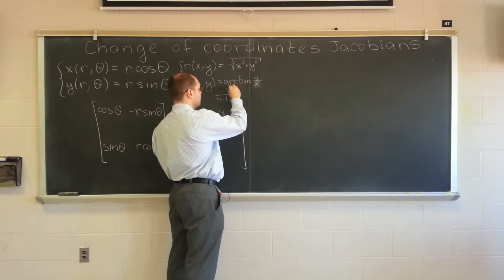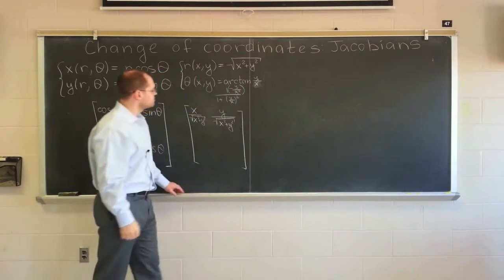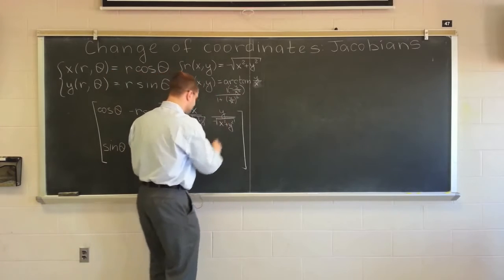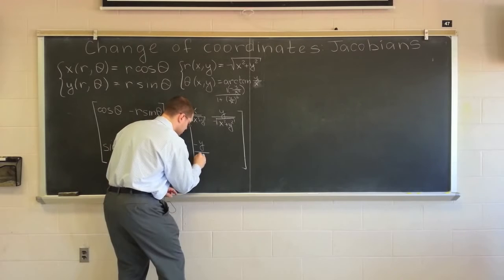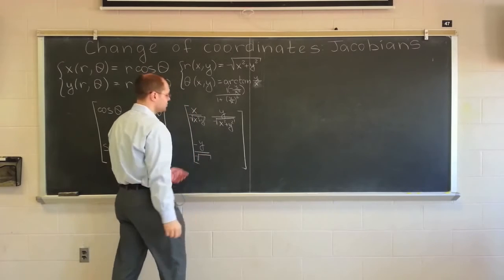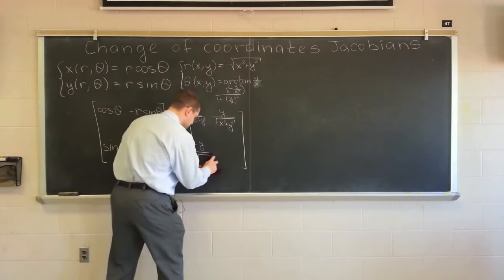And of course the derivative of y over x is minus y over x squared. The x squared will cancel, so the result is negative y over x squared plus y squared.